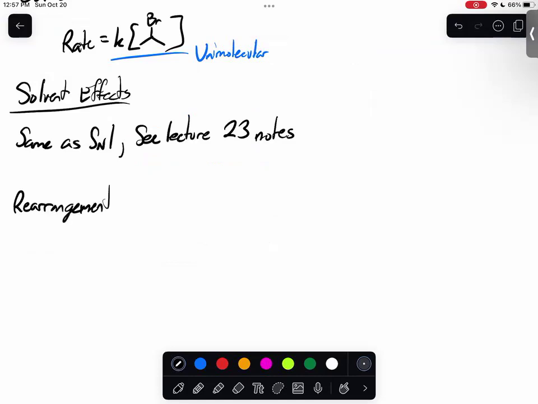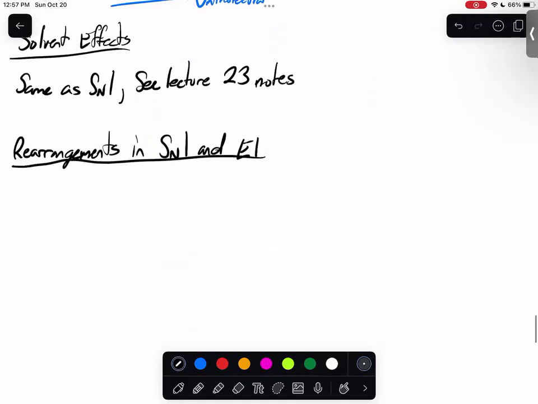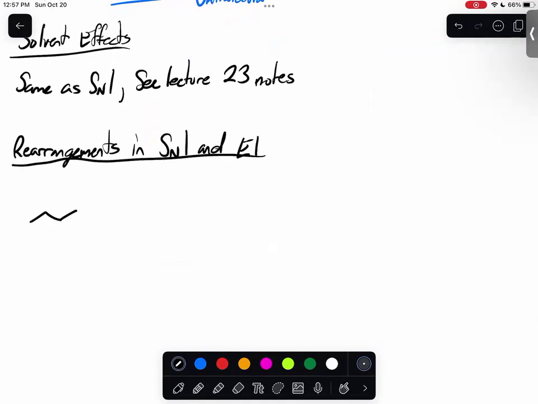So in SN1 and E1 in particular, we have an interesting phenomenon that occurs. So say we were looking at a molecule that looks like this, and we went through, we added in some ethanol, and we wanted to see what would happen.